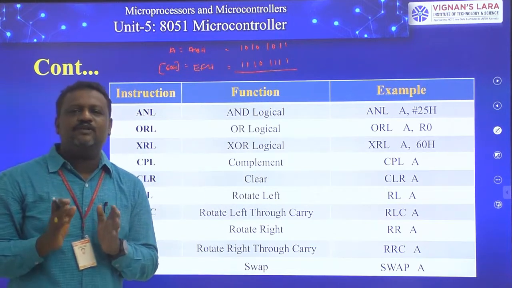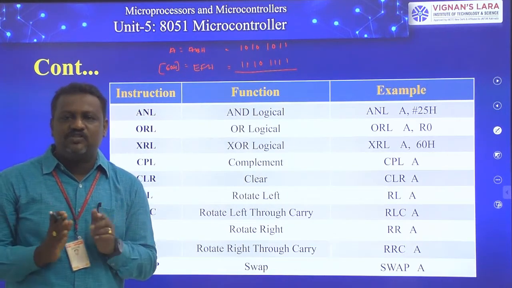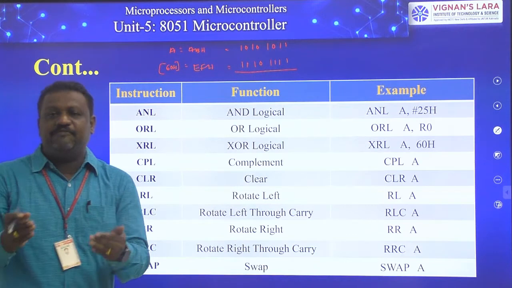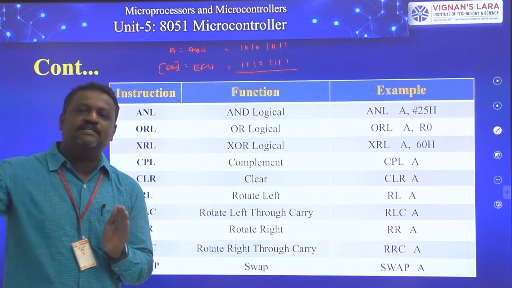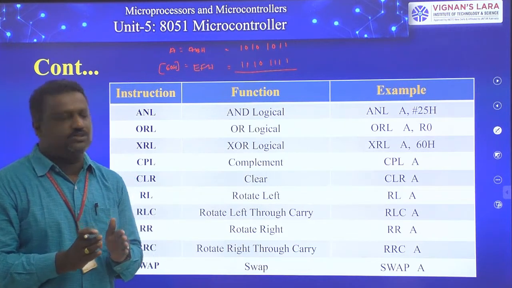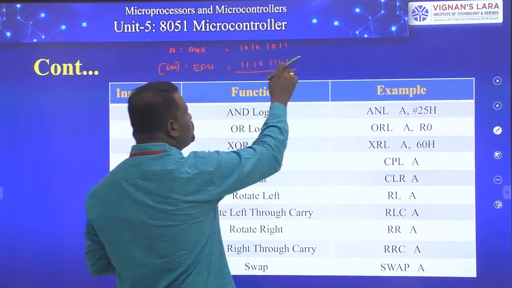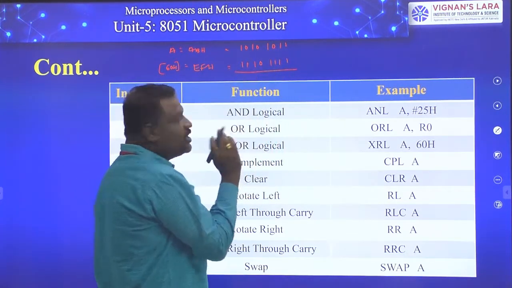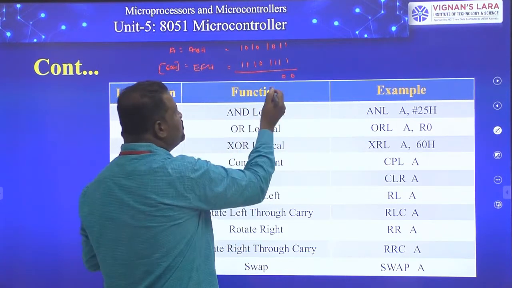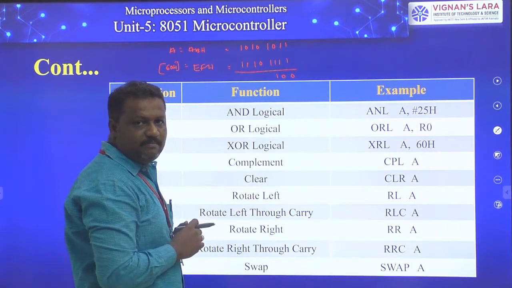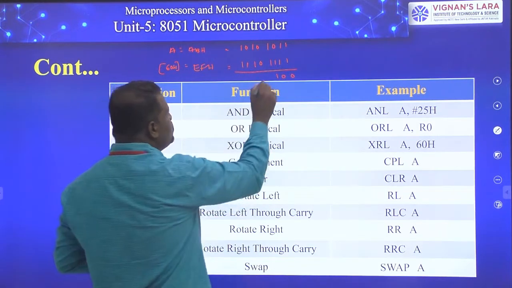What is the condition of logical XOR? If inputs are the same, output is 0. If inputs differ, output is 1. You know this from our digital circuits. For the first two bits, inputs are the same, output is 0. For the next case, the inputs differ, output is 1. Again, inputs are the same, 0.